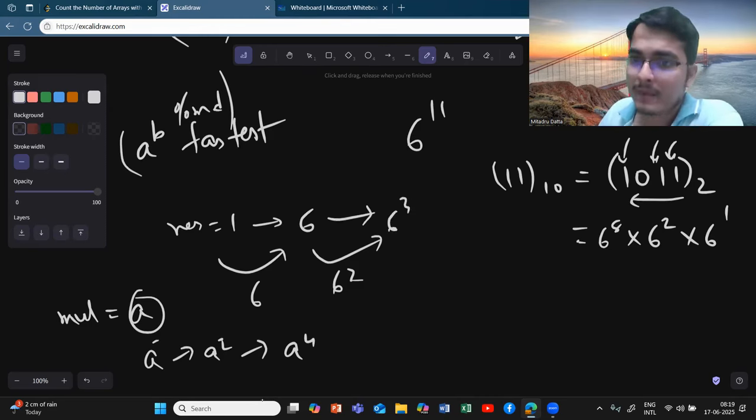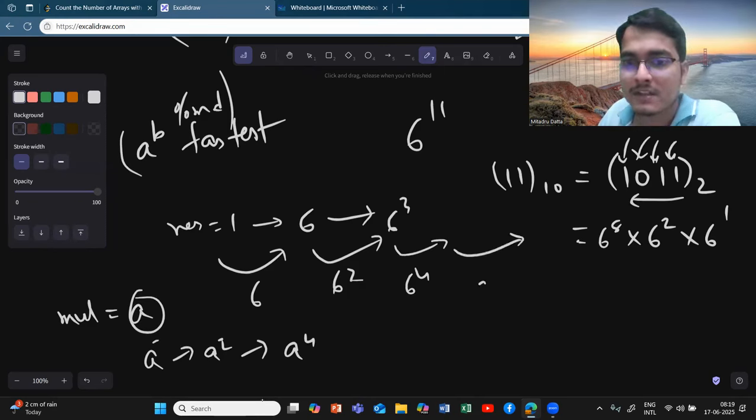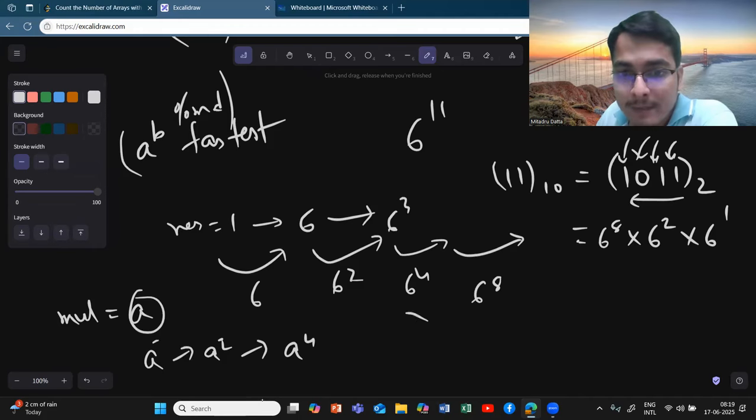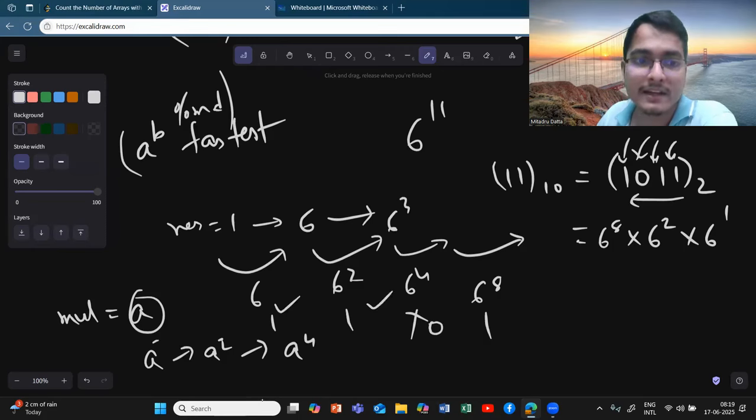Now what is happening is that this bit is not set, this bit is off. So 6 power 4, the next thing after 6 power 2, comes 6 power 4, and then it will come 6 power 8. I will not multiply this because the bit is 0. I am iterating to the left of the bits. There was 1, 1, there it is 0, this is 1. So if there is 1 only, I will multiply the result, otherwise I will not.